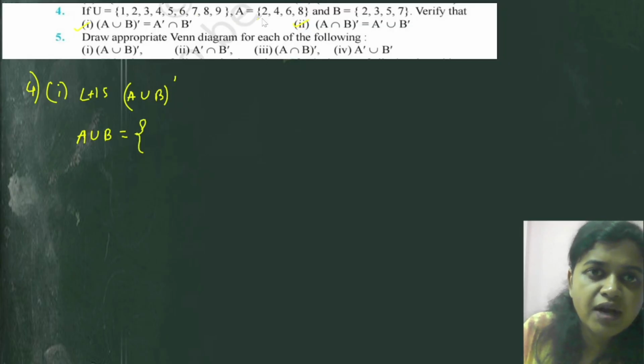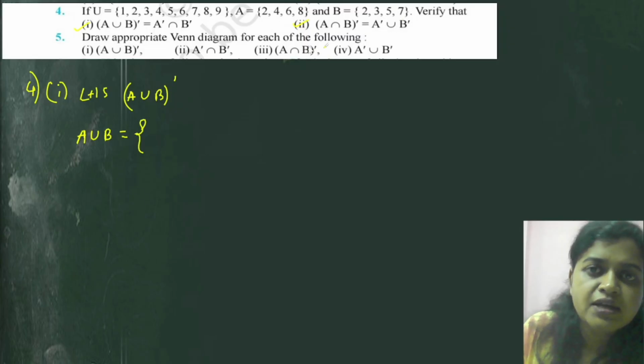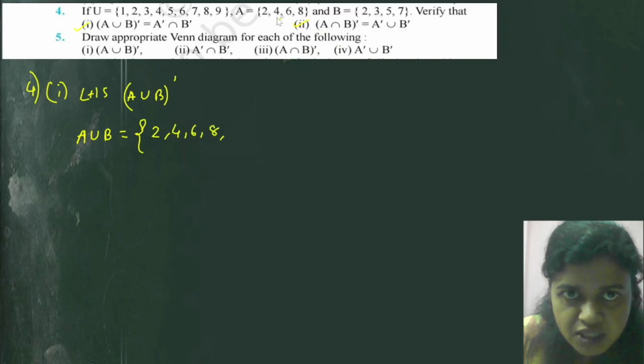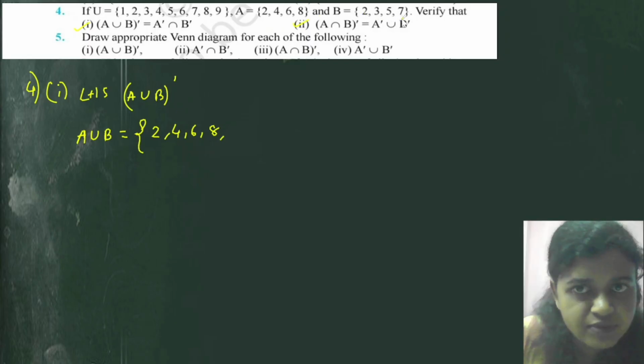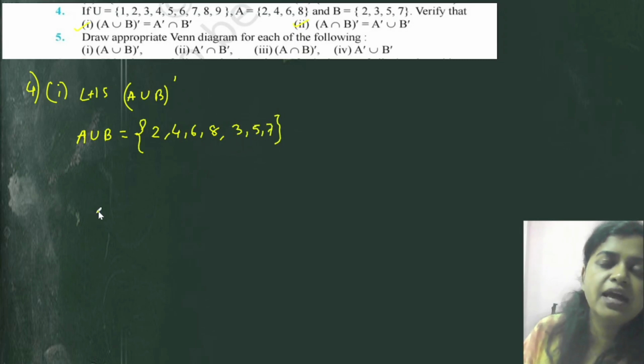A is 2, 4, 6, 8 and B is 2, 3, 5, 7. First write down the elements of A: 2, 4, 6, 8. Now see which element is common in both sets. 2 is common, and 3, 5, 7 are not, so we add 3, 5, 7. This is A union B.